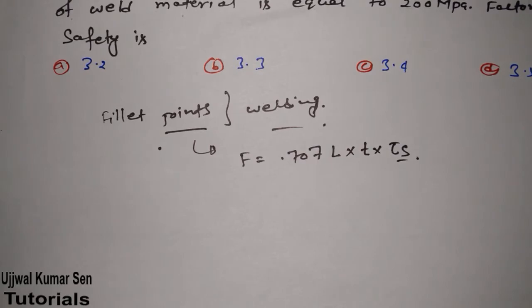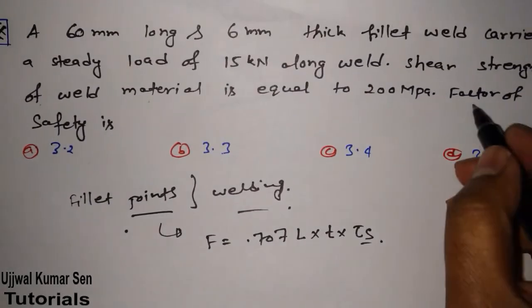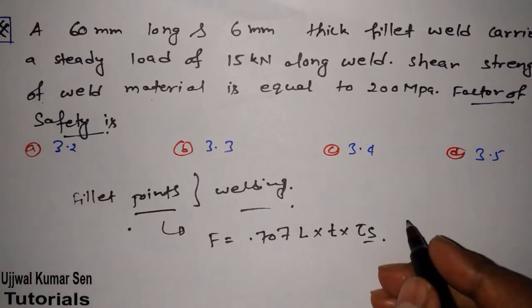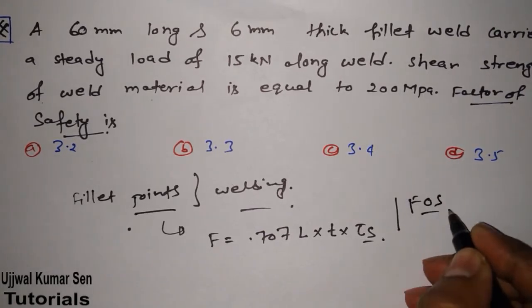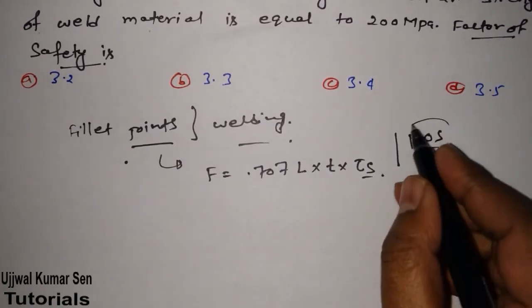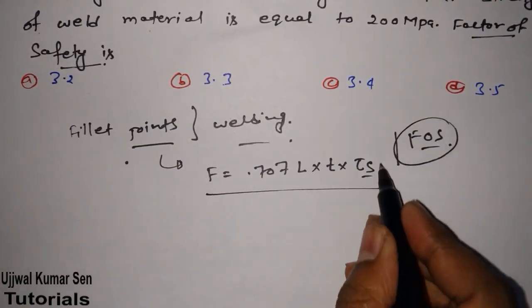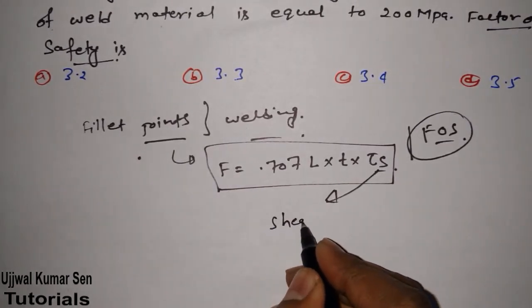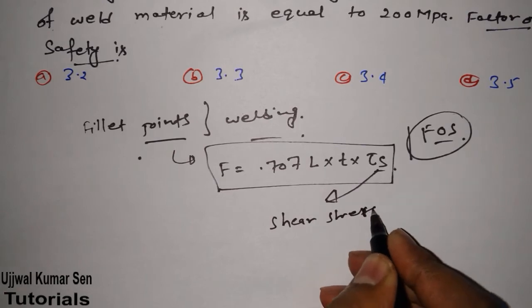Now here, what we have to find out is basically the factor of safety. Most probably we think this is a question of simple stress and strain, because we have studied the safety factor, or factor of safety, FOS, in simple stress and strain. Here we have to use this formula to find the exact shear stress.